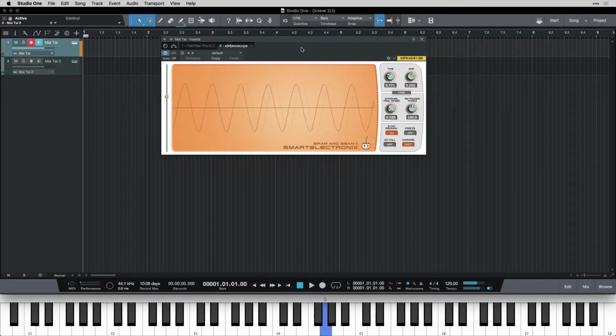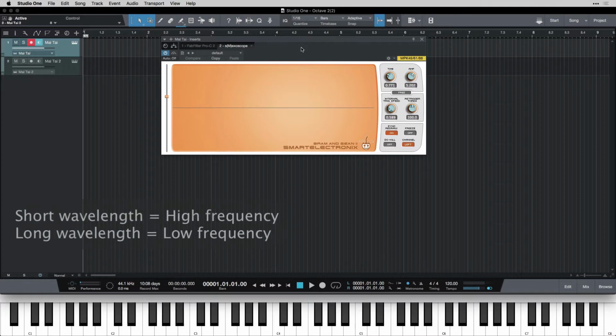As I go lower, they become wider, wider, really wide, really wide. So, how long each individual wave is determines how high or low it sounds. That's called frequency. So frequency and pitch are the same thing. Frequency is what gives our brain information about pitch.